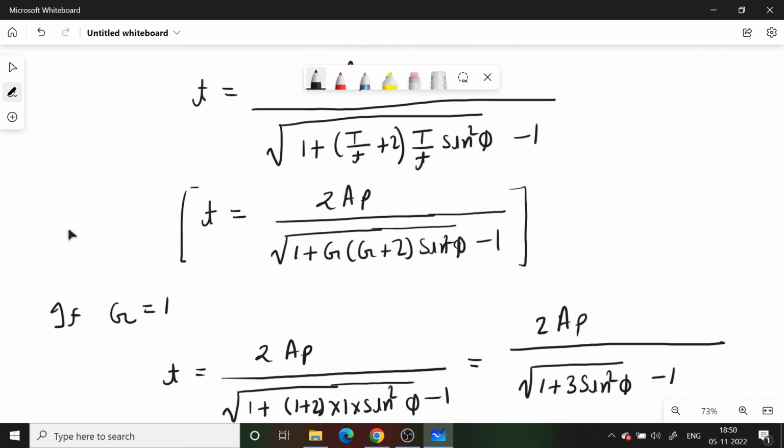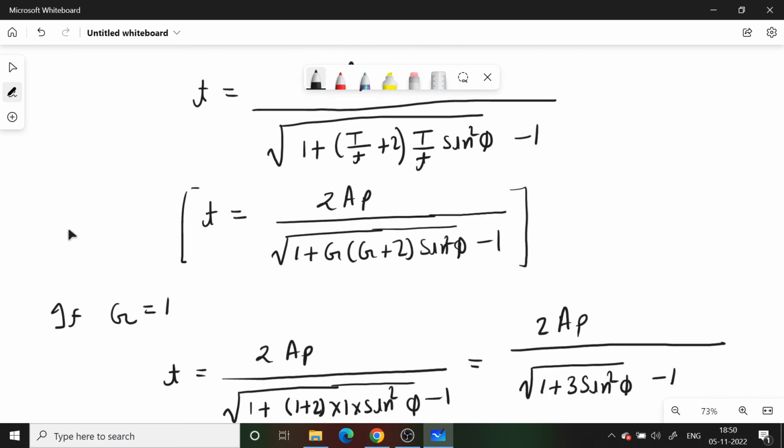In the next lecture we will find the minimum number of teeth required on the wheel in order to avoid interference. Thank you very much.